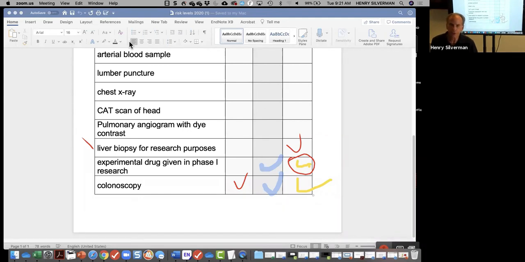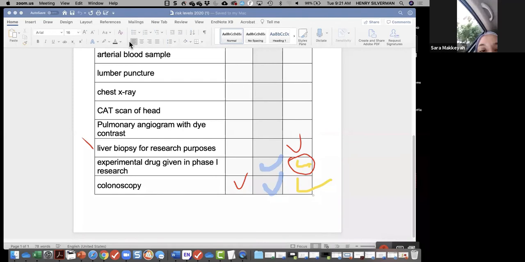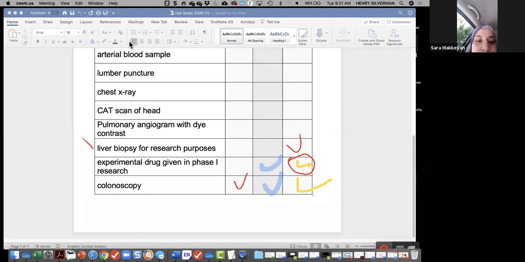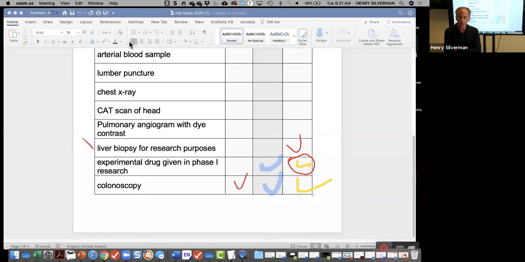How could you achieve that? Putting criteria, rating for risk evaluation. What about if you just have a list of procedures and you all have a consensus conference and rate what the risk levels of these procedures are?